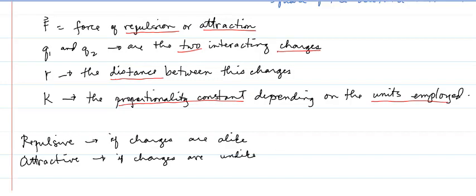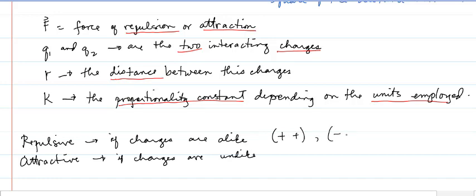So again, repulsive force if charges are alike. Example, if the interacting charges are both positive, or both negative. And attractive force, if charges are unlike, example, positive and negative, or negative and positive.